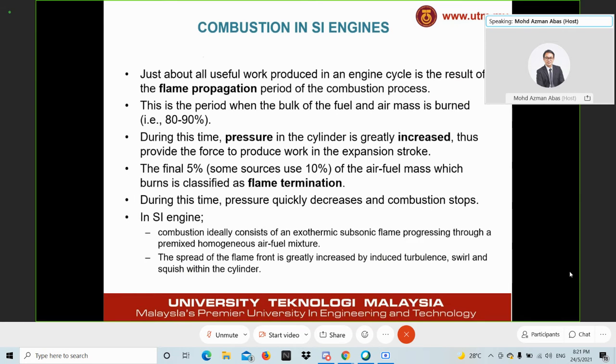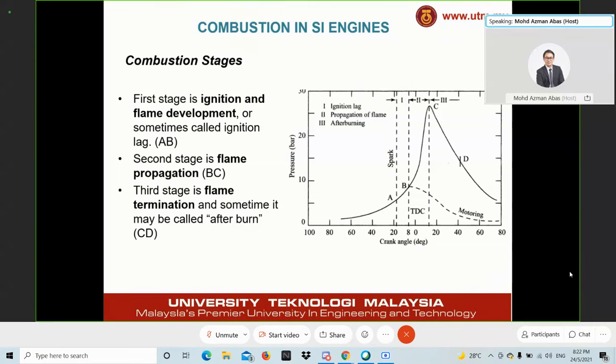So the more aggressive you can make the flame propagation in your second phase, the more work output, or power output, you would get.